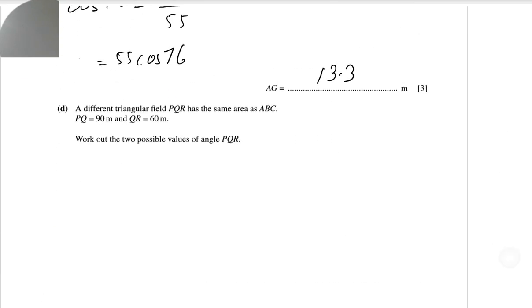A different triangle PQR has the same area as the triangle ABC. If PQ is 90, QR 60, work out the two possible values of angle PQR. Okay, so we need to focus on the area of the triangles, and we need to focus on giving two values of the angle.